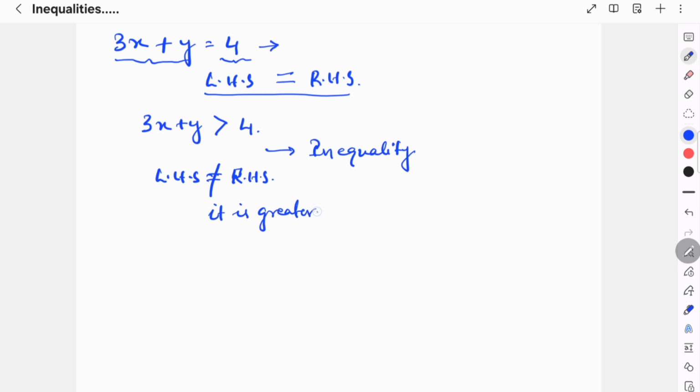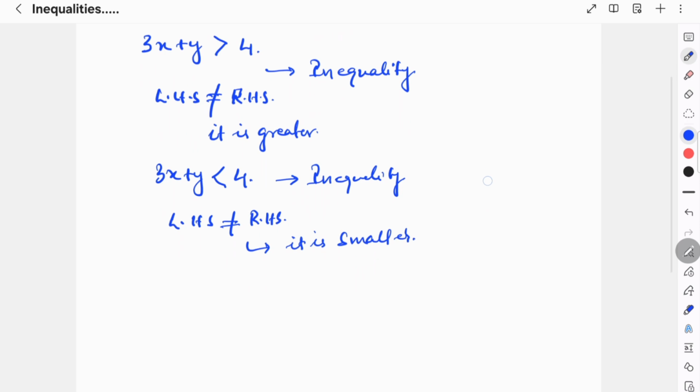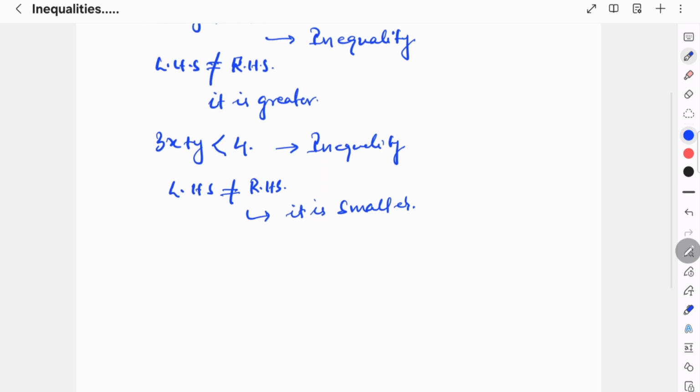Similarly, if we have the left hand side which is less than 4, then again it becomes an inequality because the left hand side is not equal to the right hand side. It is smaller. These conditions are called inequalities.